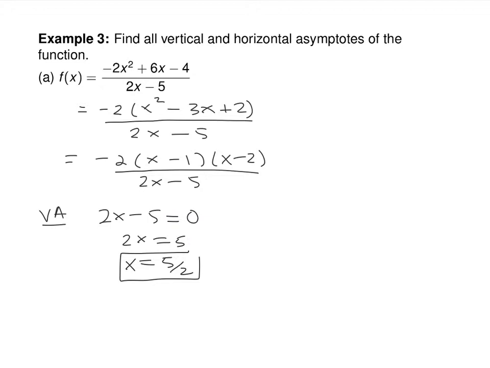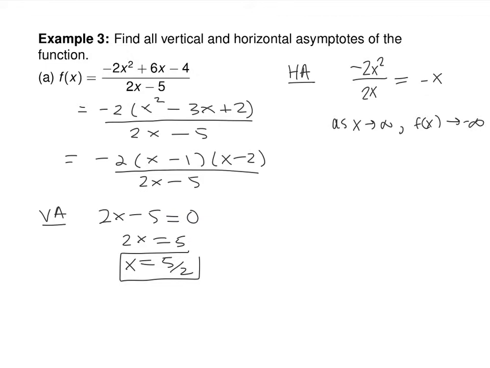For the horizontal asymptote, let's use the idea that all that matters are the highest powers. Who is the most influential player in the numerator? x squared. Technically, it's negative 2x squared. The coefficient comes with it too, just in case. Who's the most important thing in the denominator? 2x. And that simplifies down to negative x. So does it make sense that as x goes to infinity, this f of x, or the y, is going to go to negative infinity?